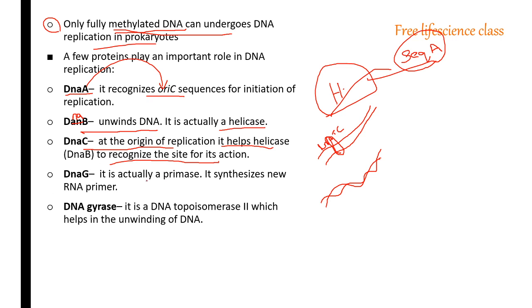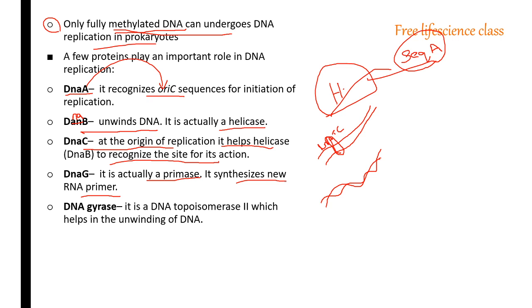DnaG is actually a primase enzyme. What is the role of primase? Primase adds RNA primers to the replication site so that our main enzyme, DNA polymerase, can add nucleotides and synthesize the new strand. So this DnaG protein is a primase which synthesizes new RNA primer.